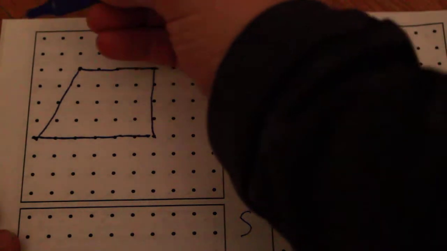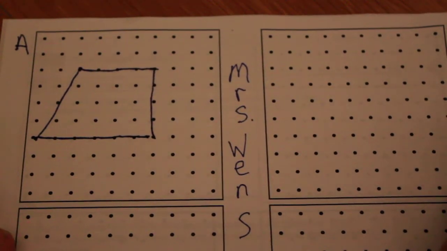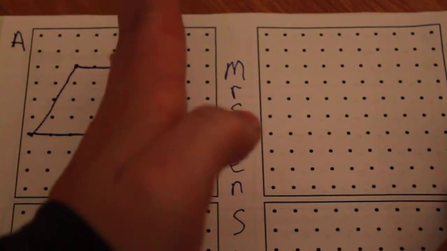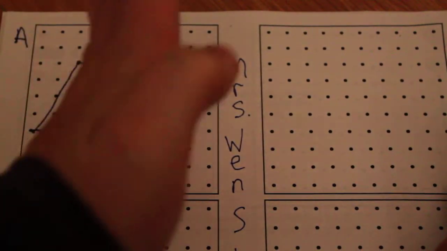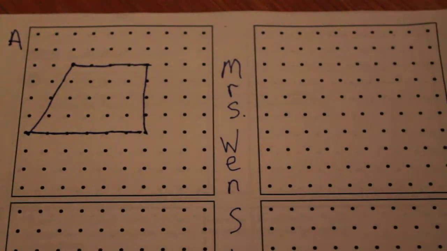Okay, so now next to the boxes, I'm going to label which one I did. This box is question A. So I have two parallel sides. I drew that first, and then I connected them. So I have one slanted line, and I have one straight up and down line. So these two will eventually touch. They are not parallel. They do not go on and on forever like these two do. These two will go on and on forever and never ever touch.